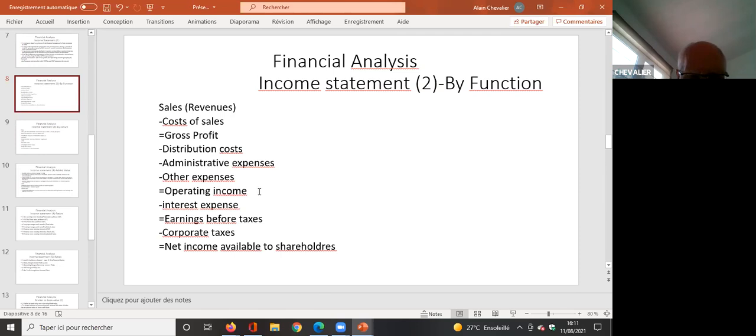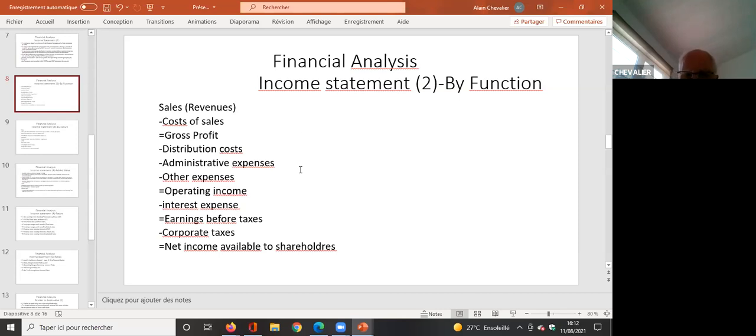If you have a look at what is an operating income, it's very similar, in fact, it's equal to an earning before interest and taxes, to an EBIT in the other system. And after that, you will see that the presentation is identical between the US and the European, by function and by nature presentation. So the differences are here between sales and operating income.